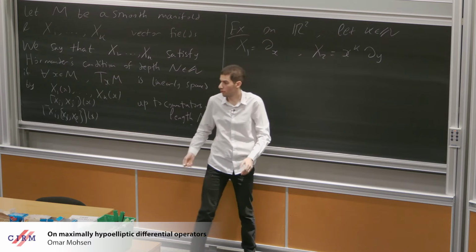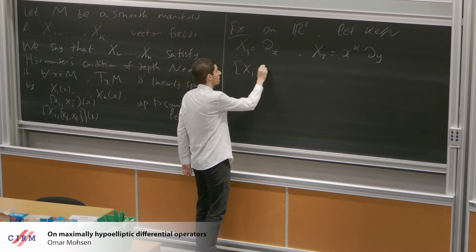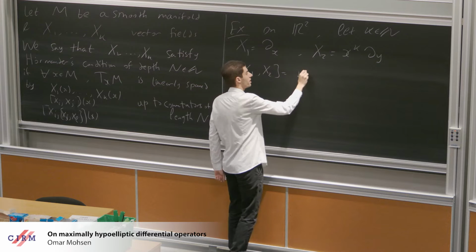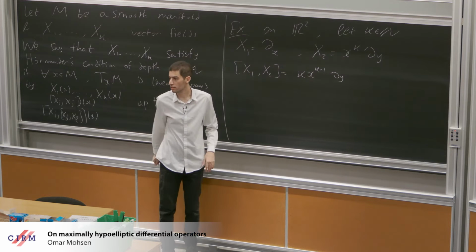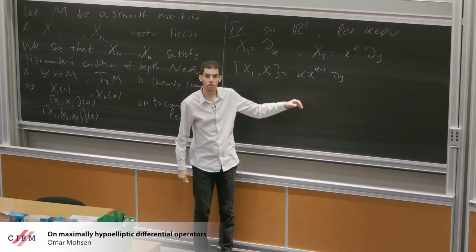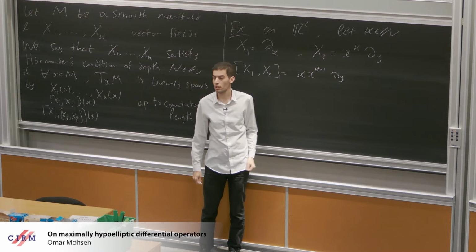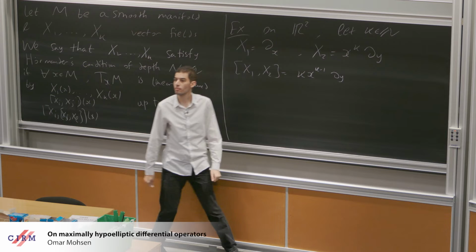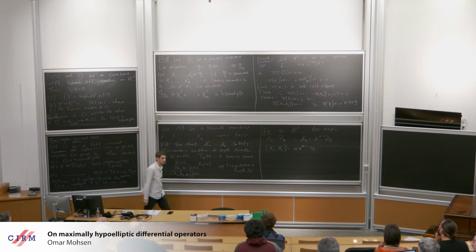But if you take enough commutators, you are good. Because the commutator of X1 and X2 is just k x^(k-1) d/dy. And then you iterate. And after enough iterations, k iterations, you will just end up with k factorial d/dy. Okay? So this is an example of two vector fields which satisfy Hormander's condition.